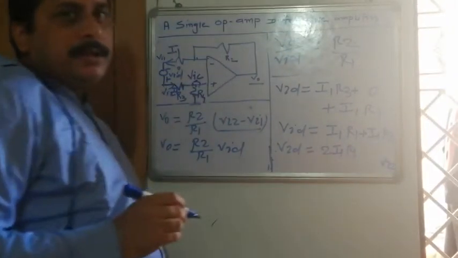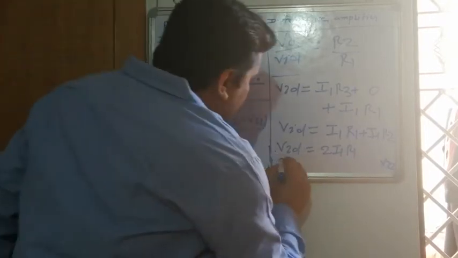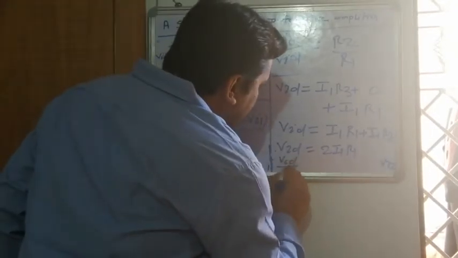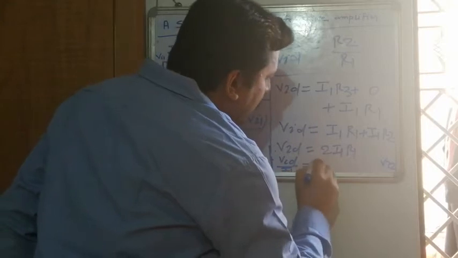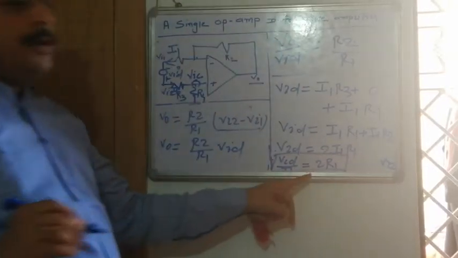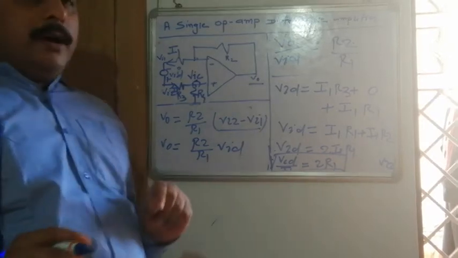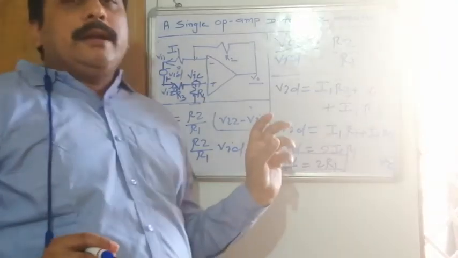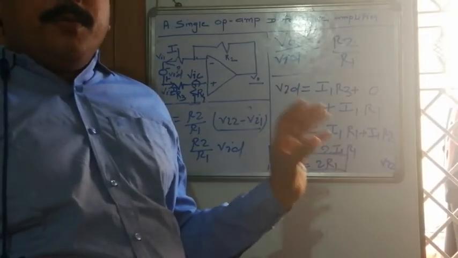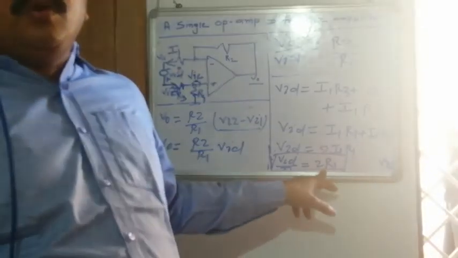So input resistance is input voltage divided by input current. So VID divided by I1 is equal to 2R1. This is the input resistance. So look here, we are getting some problem in this circuit. Input resistance is 2R1.